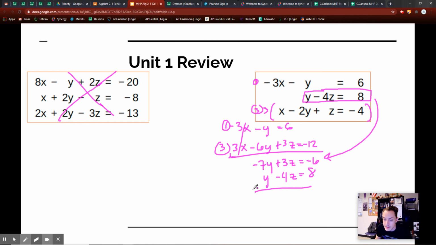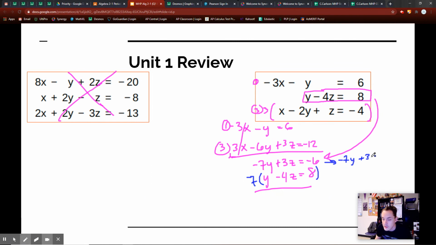Now what I need to do is probably multiply this one by 7. This one seems familiar. Did we already do this? I feel like we already did this one. If so, that's unfortunate, but I'm going to continue doing it. Okay, so my new equation, this one doesn't change at all. This one stays the same.